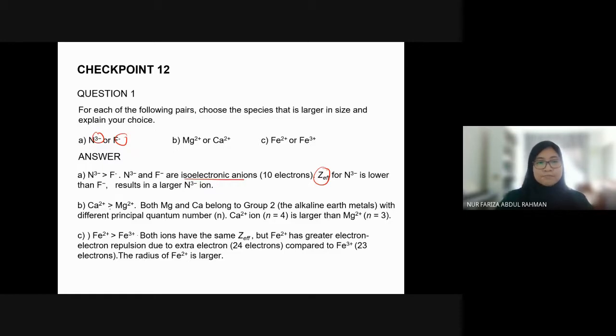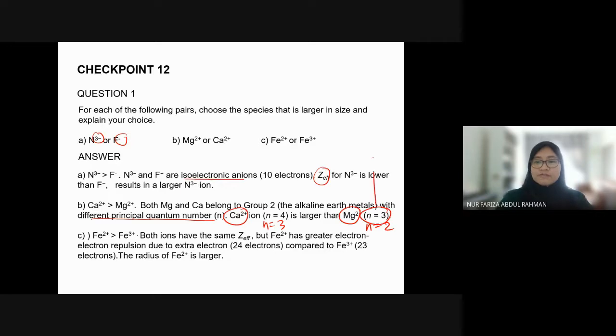Calcium 2 plus, Mg2 plus, different principal quantum number. Calcium 2 plus, the ion N is equal to 4. Is it true? For calcium 2 plus, it is not N equal to 4 anymore. It becomes N equal to 3. For calcium, N is equal to 4, and once it becomes calcium 2 plus, it becomes N equal to 3. For Mg2 plus, N is equal to 2, no longer 3.